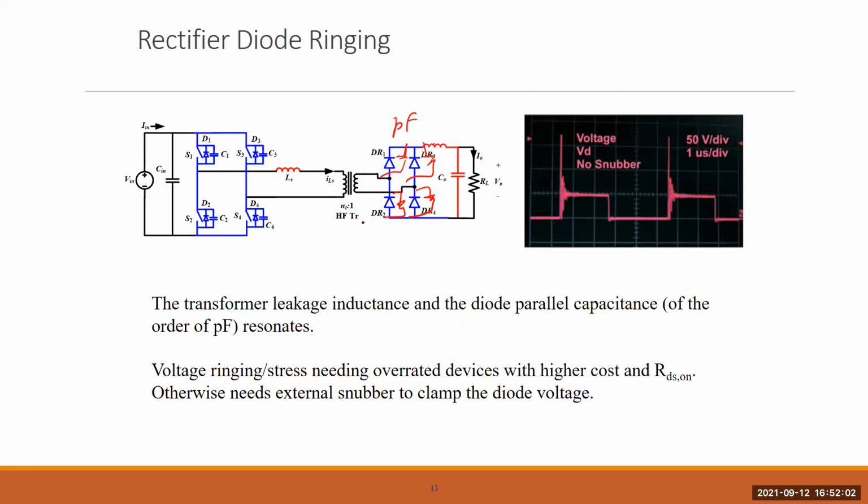During this transition, the transformer leakage inductor and these diode capacitances resonate, picofarad capacitance with microhenry inductance, causing voltage stress and voltage ringing.